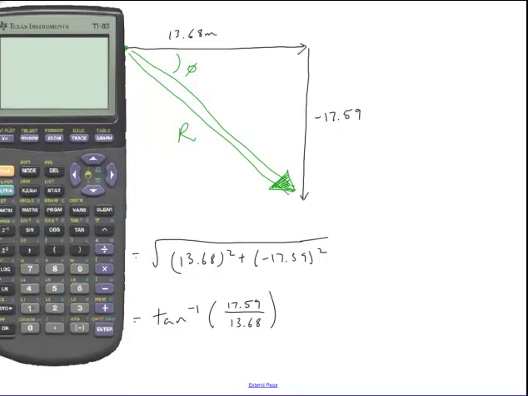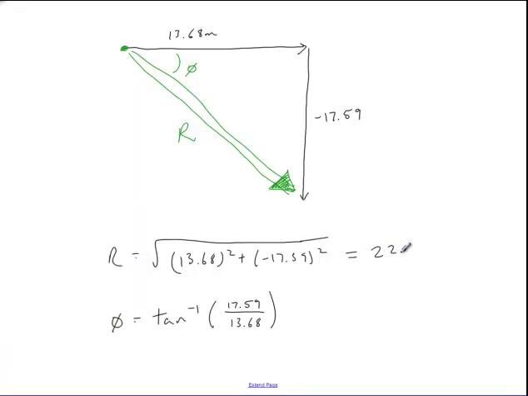Alright, 13.68 squared plus 17.59 squared. I just ignored the negative because I know that negative times negative is positive. That gives me 496. The square root of that answer gives us 22.28.